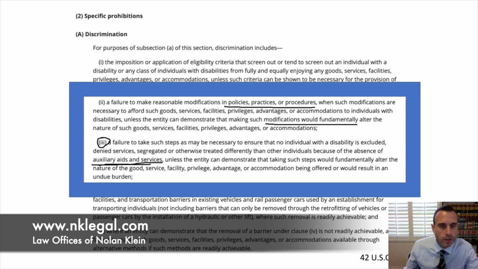And in the case of auxiliary aids, if it would be an undue burden or would fundamentally change or alter the services being provided. So it's a very high standard for showing that a business doesn't have to change its policies or provide auxiliary aids.